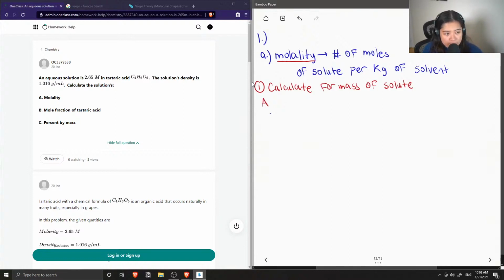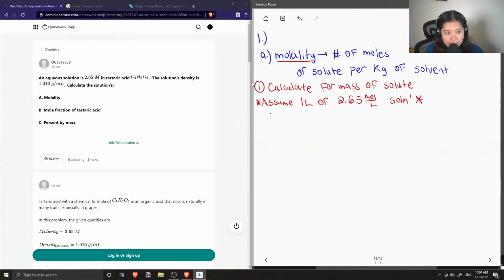So first we need to assume that we have 1 liter of solution. And this will help us because we can just assume that we have 2.65 moles of tartaric acid.